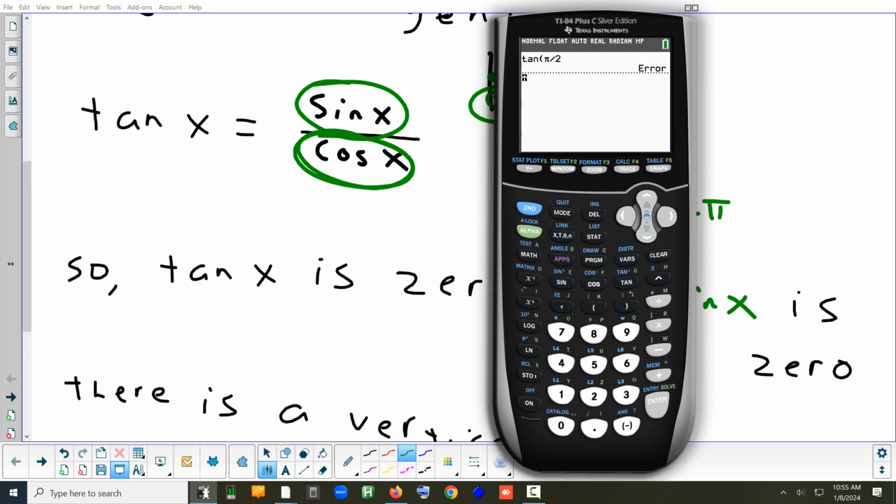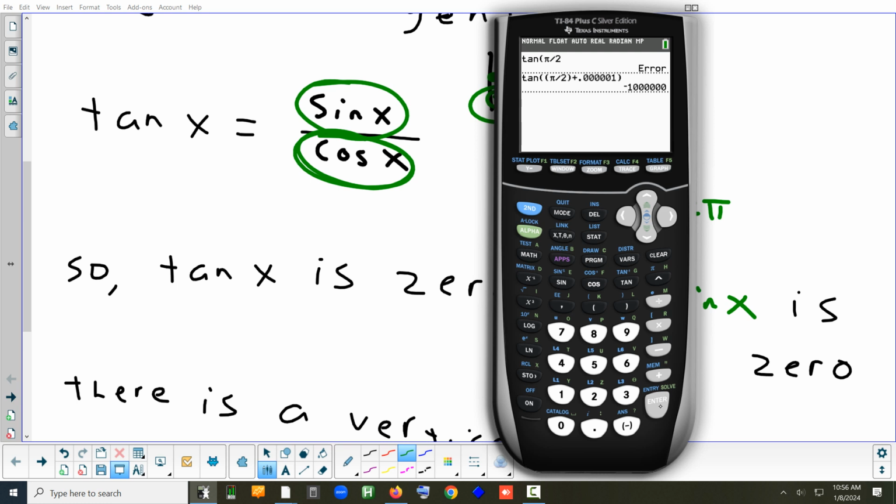Let's do the tangent of, in parentheses, pi over 2 plus 0.00001. So it's not pi over 2 anymore. It's just to the right of it.